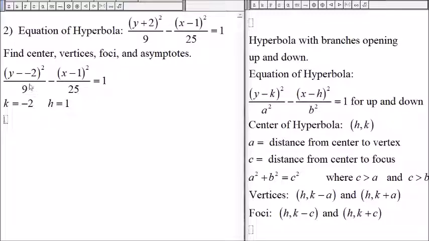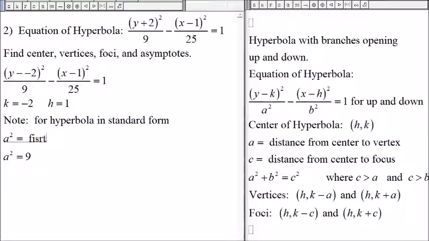And once again, for the hyperbola equation, the first denominator is a squared. So let's write that down. Note: when it's in standard form like this, a squared is the first denominator.